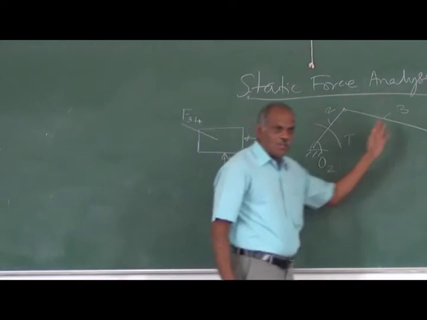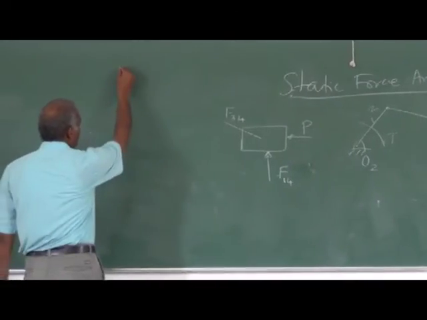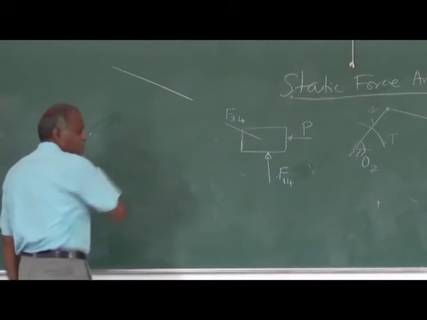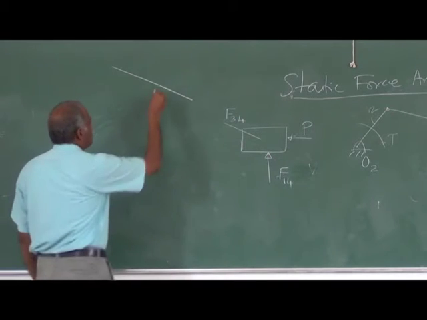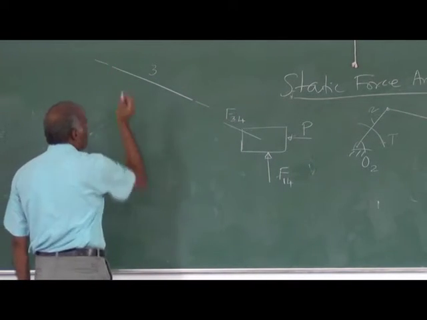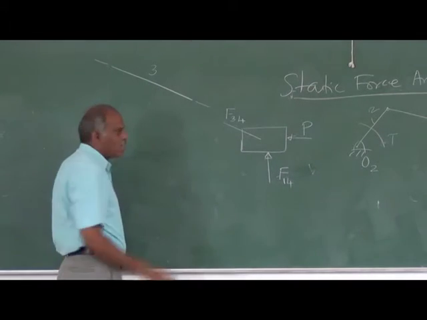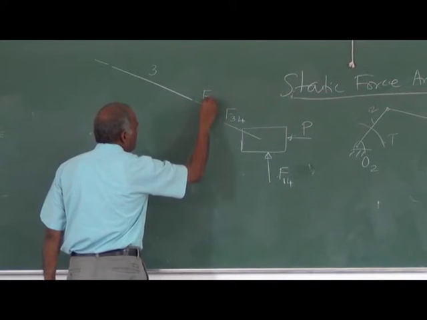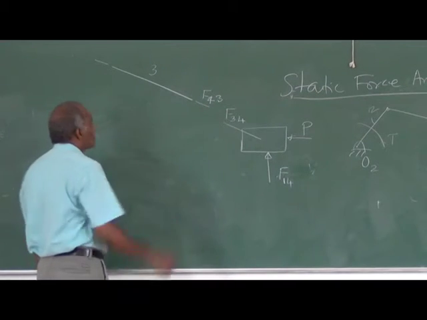Then if you try to draw the free body diagram of the linkage 3, that is a coupler, then on linkage 3 we will have the forces which are acting. The piston will give the reaction, that is F4,3, force applied by 4 on 3.